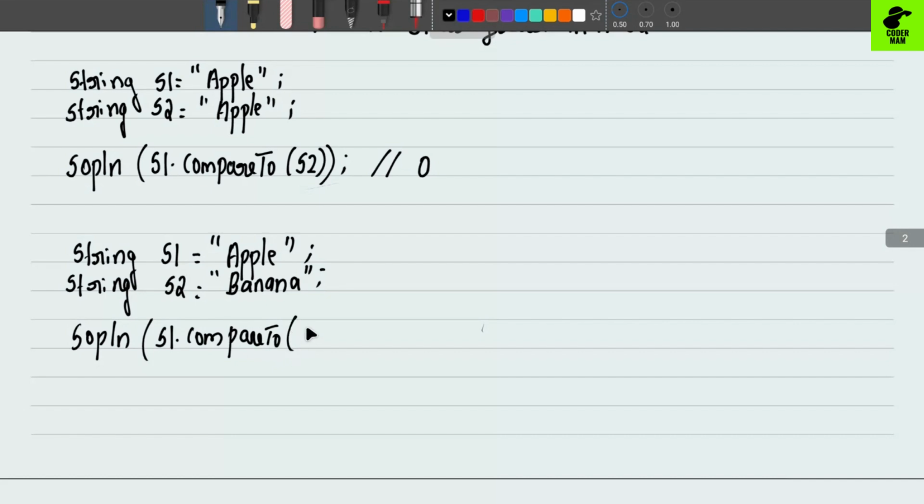The answer will be, here we have to take the ASCII code of capital letter A. What is the ASCII of A? ASCII of A is 65. Then, the first letter itself has a difference, right? So we are considering the first character of each word. ASCII of B is 66.